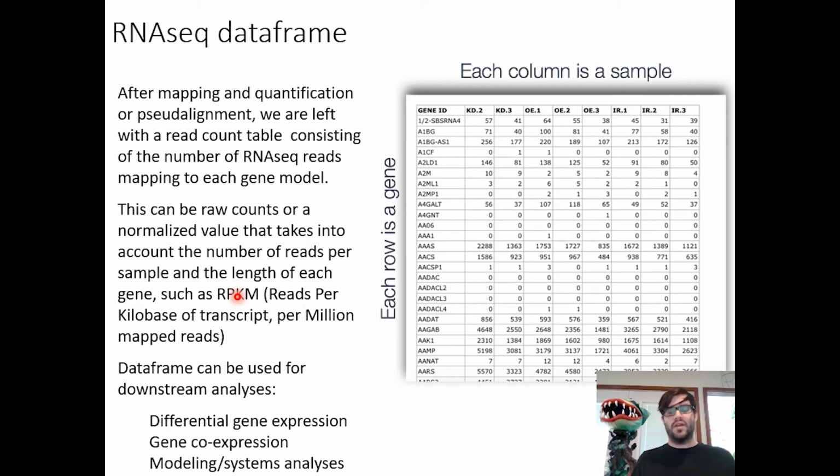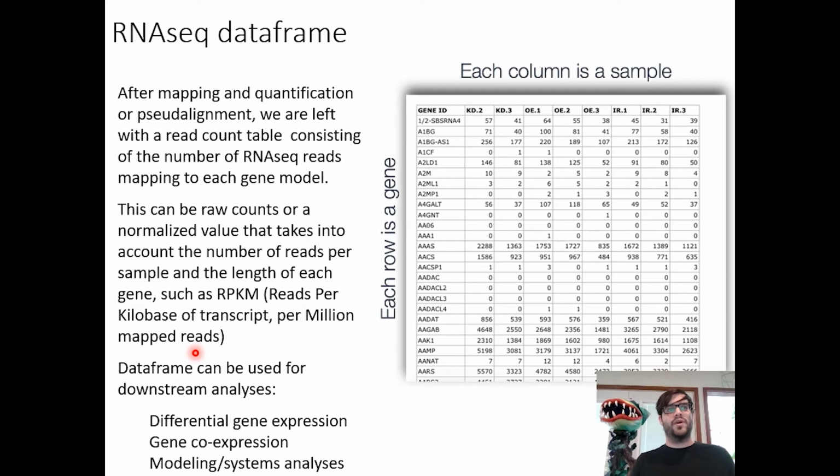You try to get the same number of reads when you sequence these, but it's very common to have like 20 or 30% variation. So sample 1 might have 20 million reads and sample 2 might have 25 million. So we're going to normalize by both these factors and produce this normalized value that's RPKM, or reads per kilobase of transcript, per million mapped reads. That normalizes small genes versus large genes, and normalizes differences between libraries.